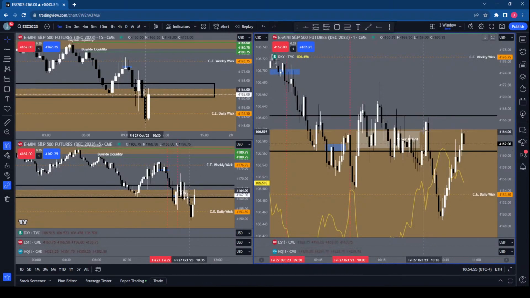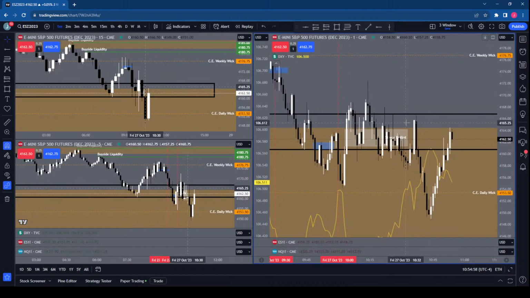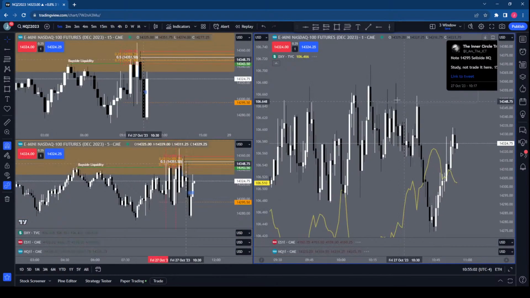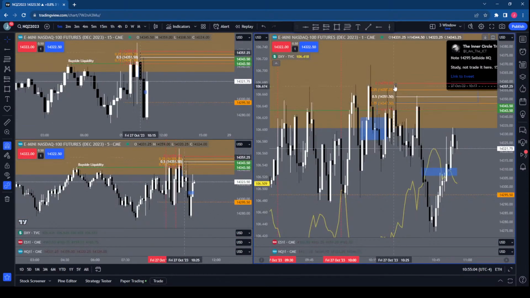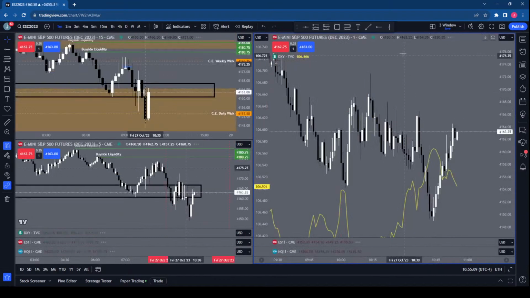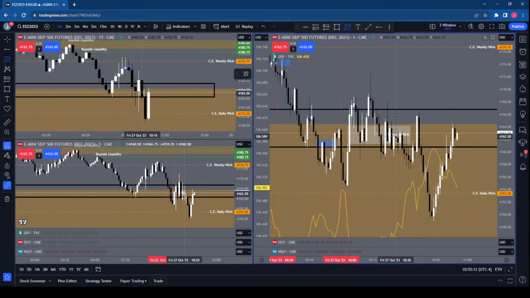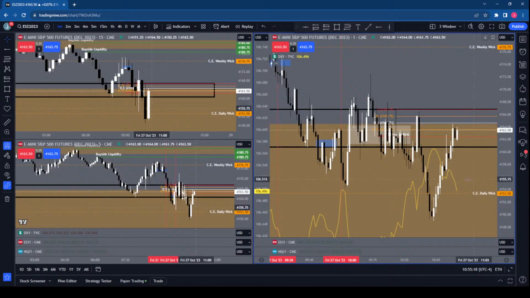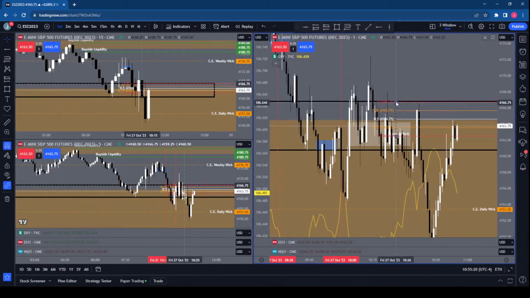I mean, it delivered on ES, but if you can see on NASDAQ, it came back right up to the consequent encroachment of this intermediate term high. Whereas on ES, it didn't come up to consequent encroachment. It stopped at 25%. And I think it stopped at a level that was valid.